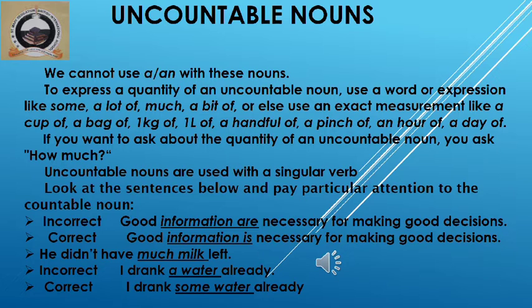And also, we said you use some, a lot of, much, a bit of, to express quantity of uncountable nouns. So the last example we have, I drank a water already. And that is wrong. We should have, I drank some water already.